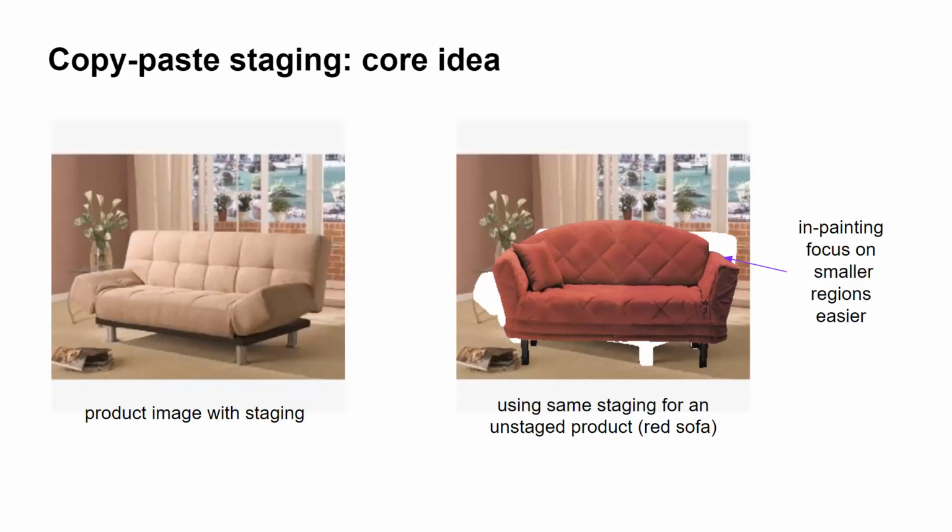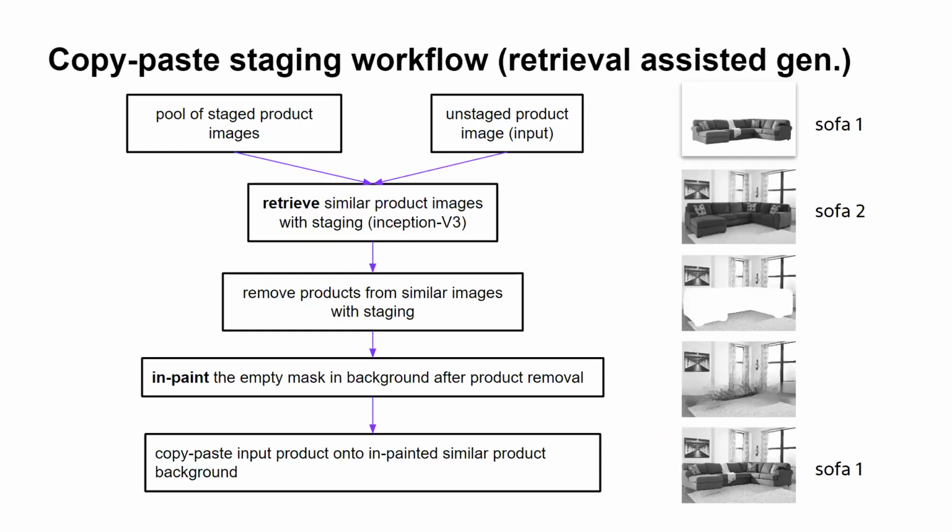This is the core idea, and we can imagine a workflow coming out of it, which will lead to the final generated images. In the setup, we need a pool of staged images, which have some products and which are staged nicely, and an input which is an unstaged product image, for example, the sofa one image that you can see here. Given sofa one, the first task is to retrieve similar sofas, like similar product images, from the pool of staged images.